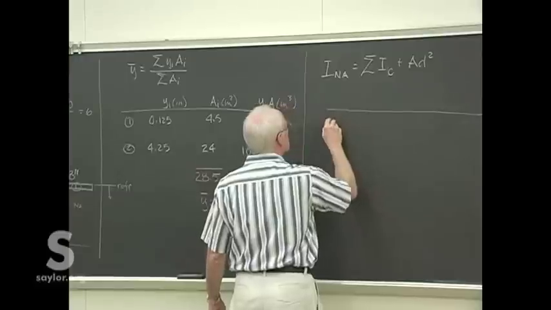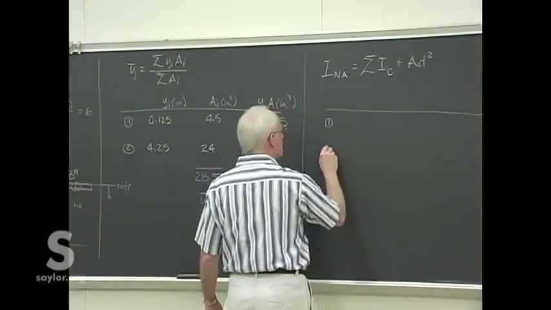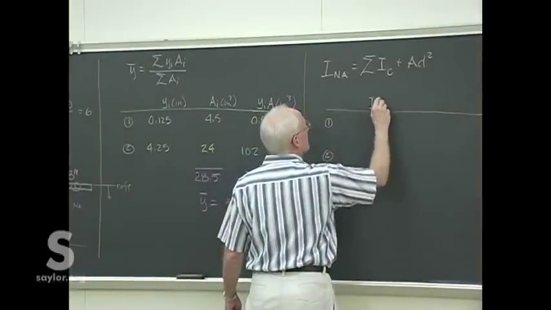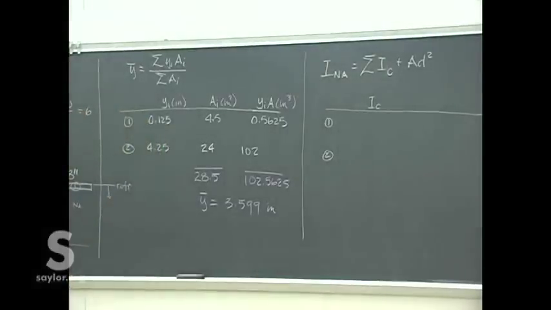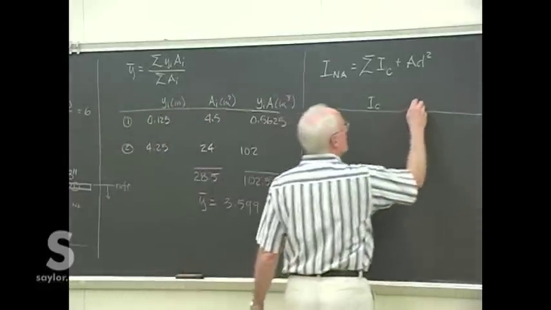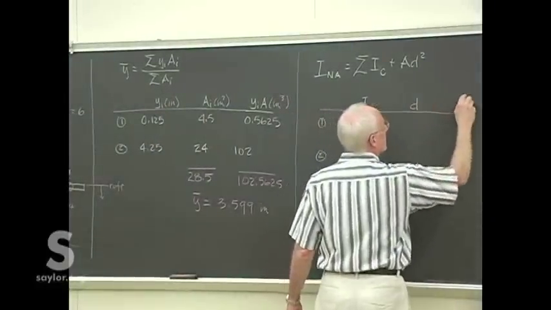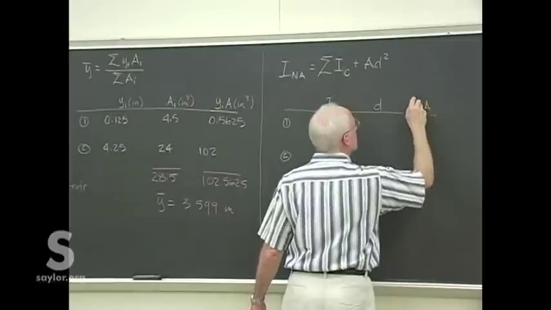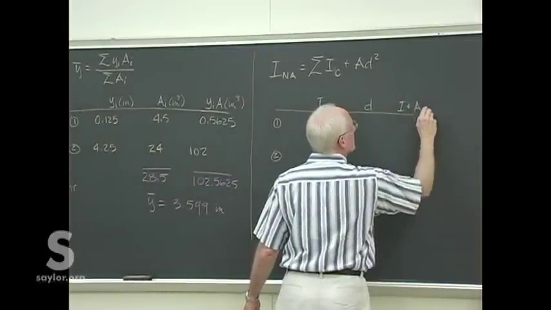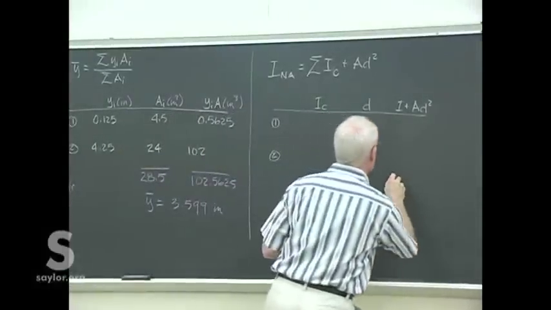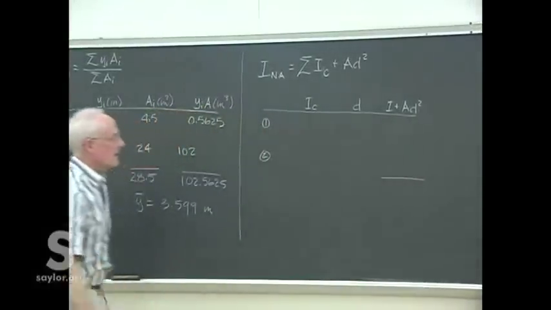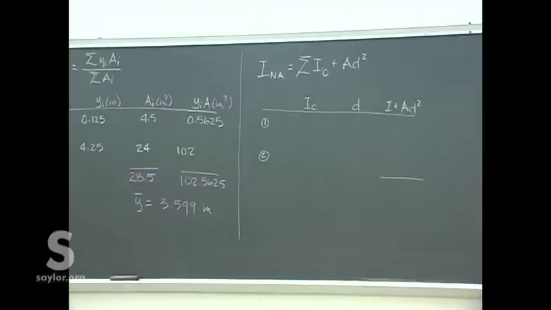All right, so for each of the individual pieces, we need to find its centroidal moment of inertia, its moment of inertia with respect to its own centroid. Then, since we're using the parallel axis theorem, we need to move it over a little bit, and then that's the last piece we sum up there.